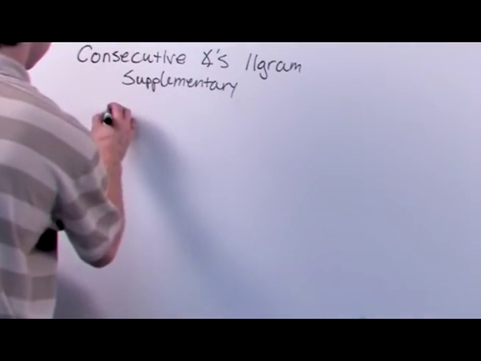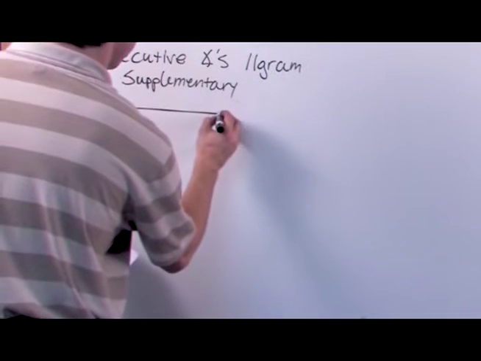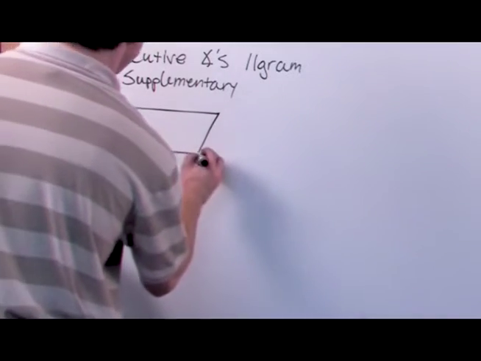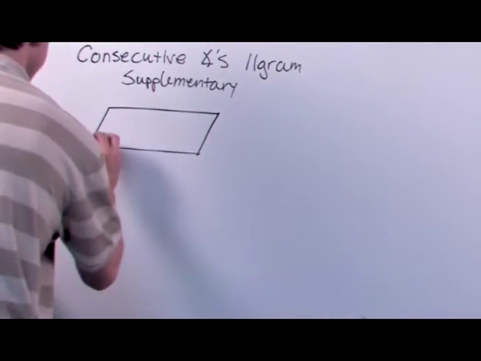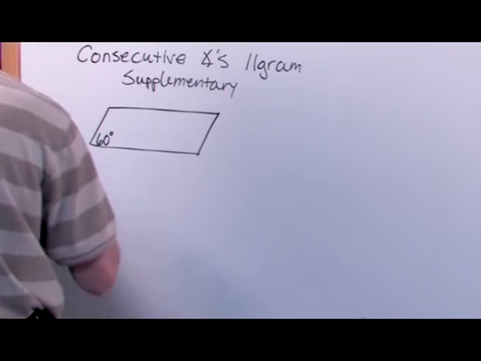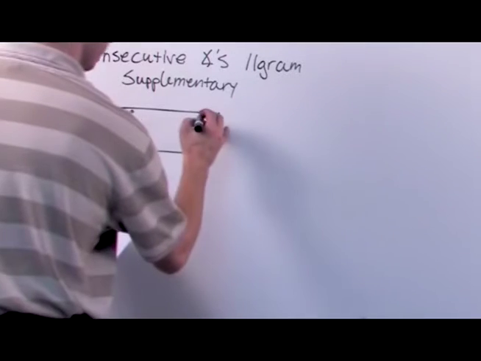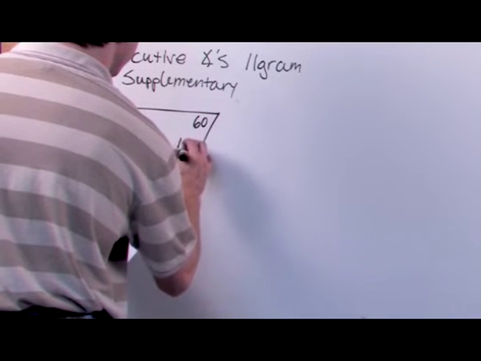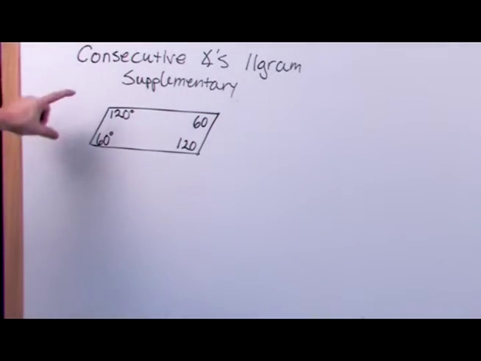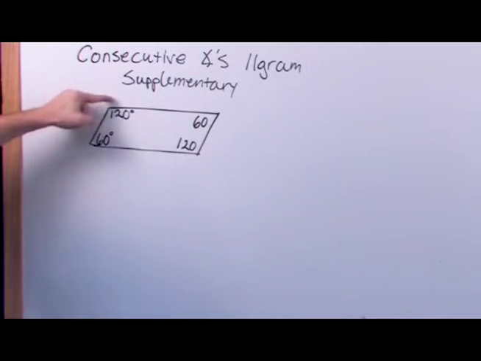So here's a parallelogram. Let's just say, for instance, that this is a 60-degree angle, and this is a 120-degree angle, and this is a 60-degree angle, and this is a 120-degree angle down here. All it's saying is that consecutive angles, angles one right next to another, like this one and this one, are called consecutive angles.